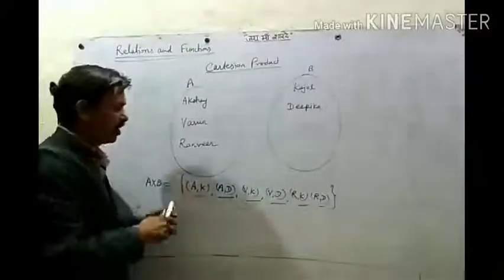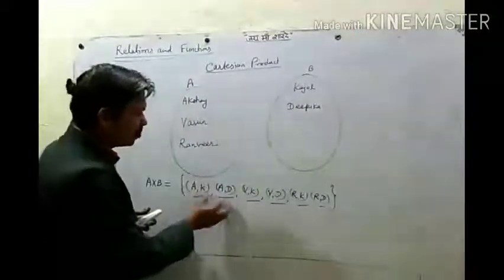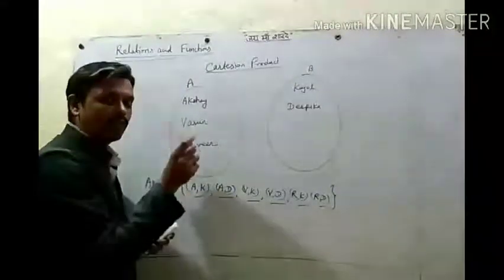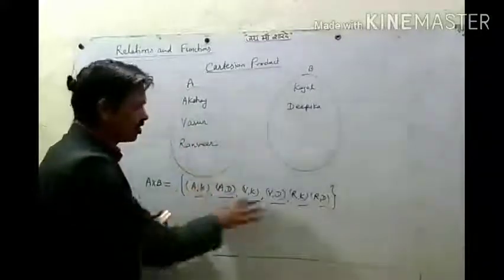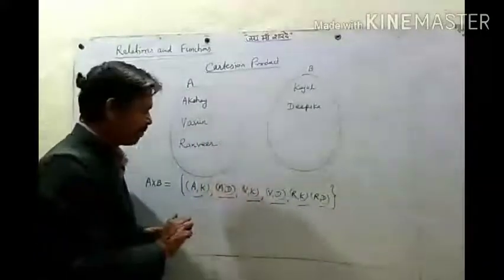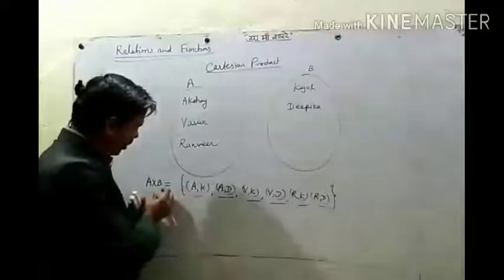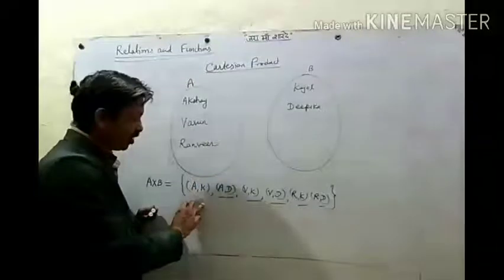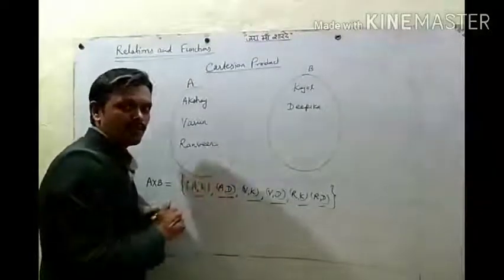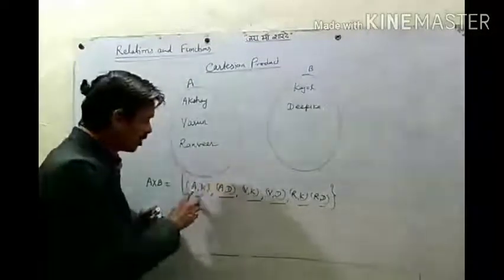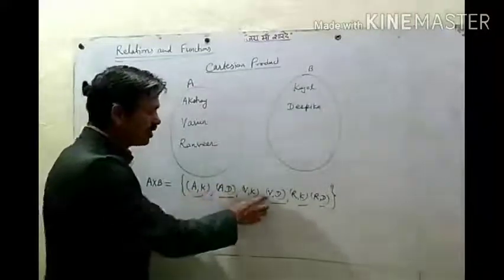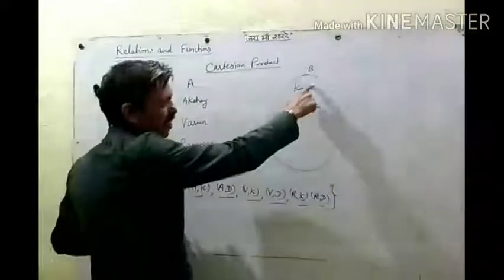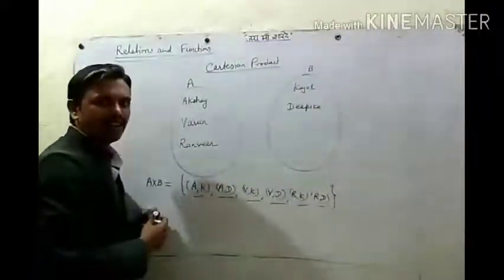And how will you define this? It is a set of ordered pairs. There are some elements in pair form, and ordered pair means a particular order is there. First is always male, second is always female. So what is A cross B? The Cartesian product of two sets A and B is a set of ordered pairs in which the first element is in the first set and the second element is in the second set.